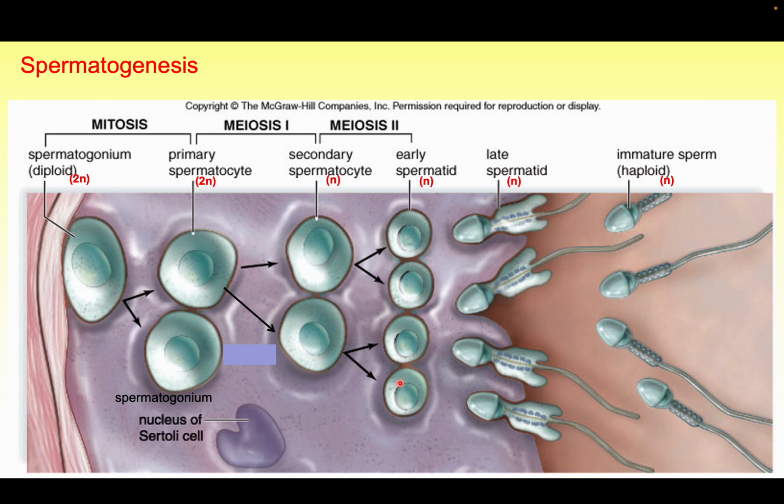And during a process called spermiogenesis, these early spermatids will continue to mature, will become late spermatids, and later on mature sperms that are ready for transportation, ready for union with an egg cell to produce a zygote.